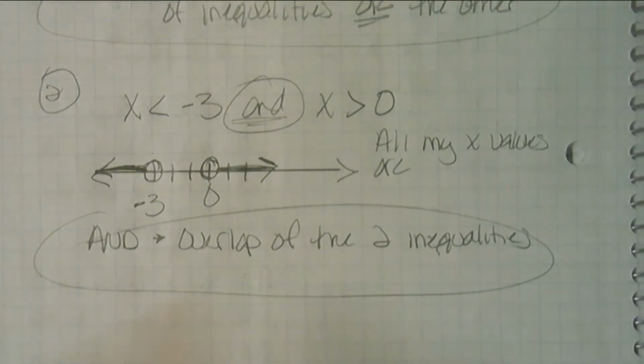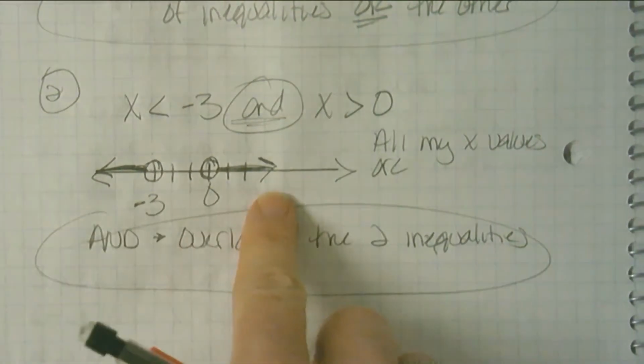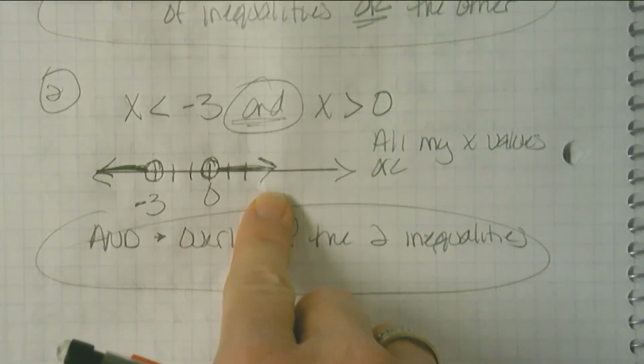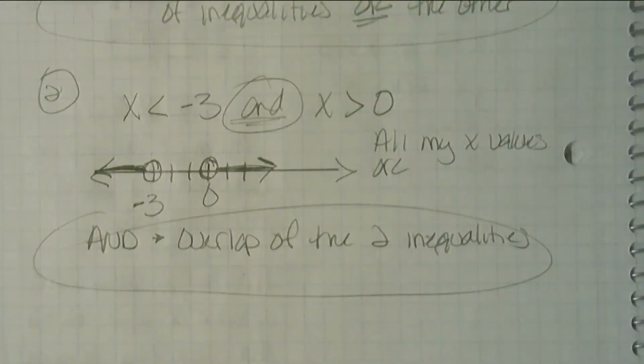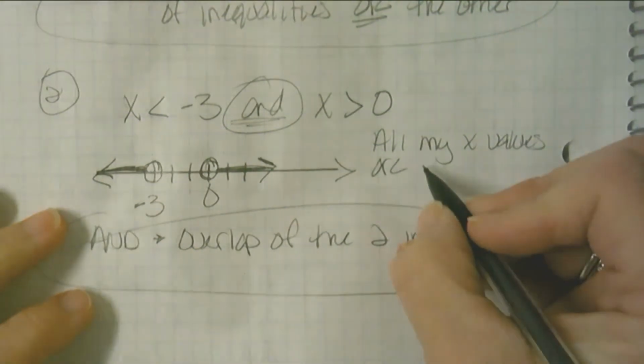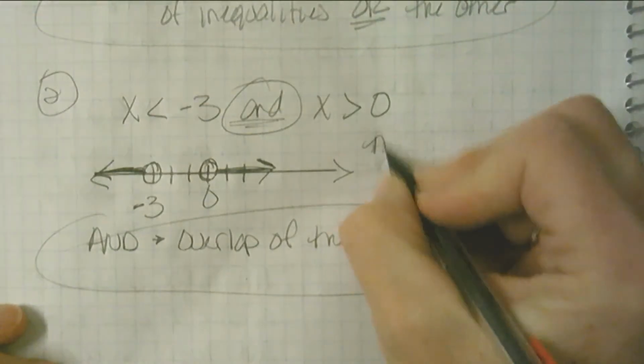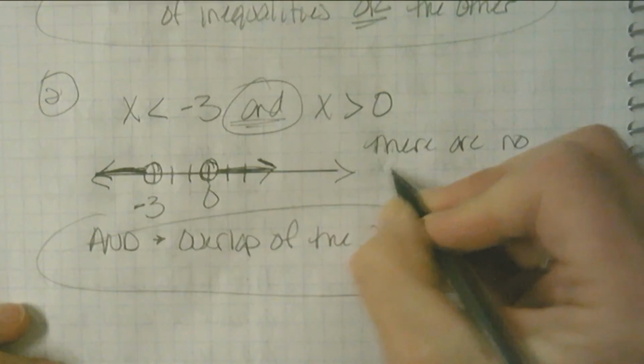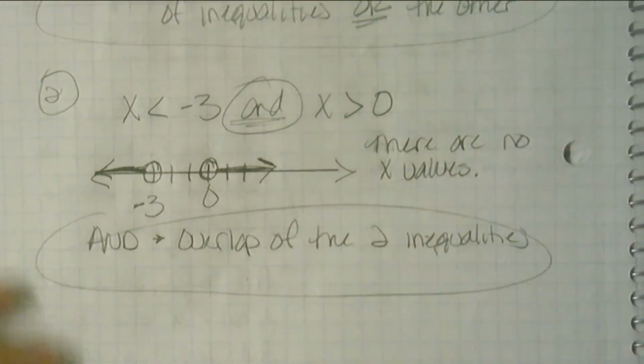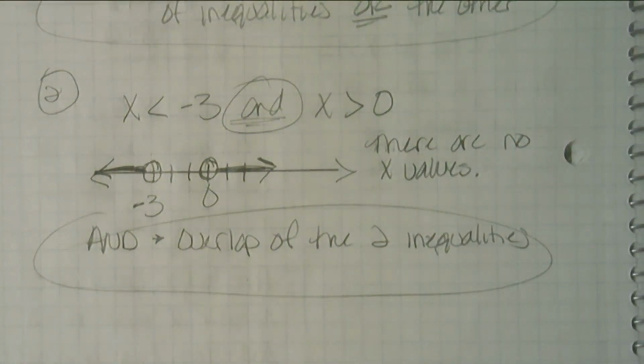Is there an overlap of these two graphs, these two shaded areas? Serena? No, there's no overlap. So what does that tell me about my x values? Are there any possible x values that would be a solution here? Charlotte? No. I might actually write this, there are no x values. So it is not possible.